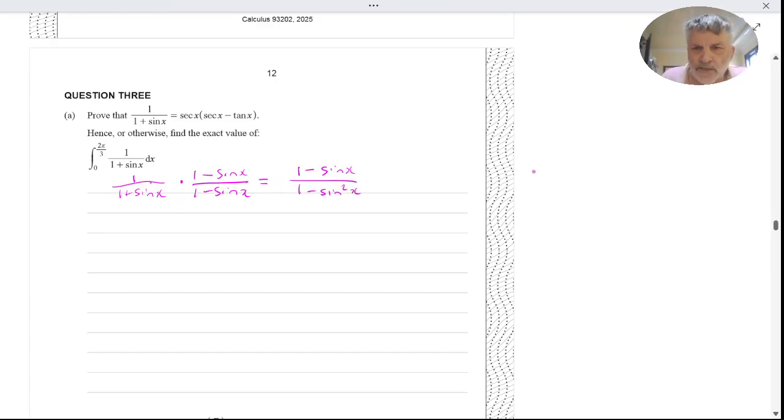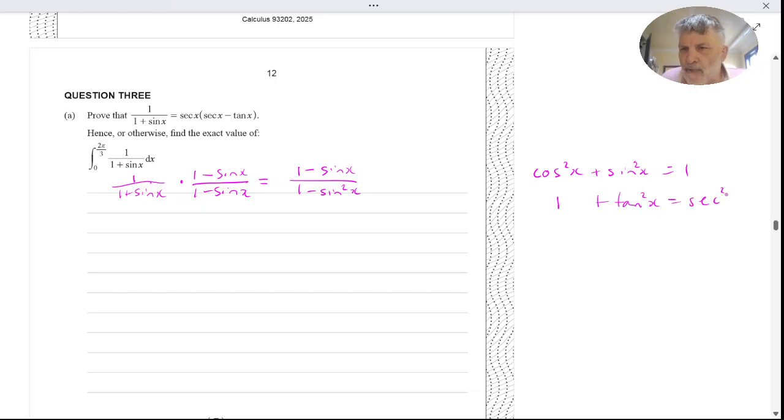These things are known as the Pythagorean identities. Squared in the wrong place, so squared here, on the sine. If you divide through this by cosine squared x, you get 1 plus tan squared is sec squared, because sine over cosine is tan and 1 over cosine is sec.